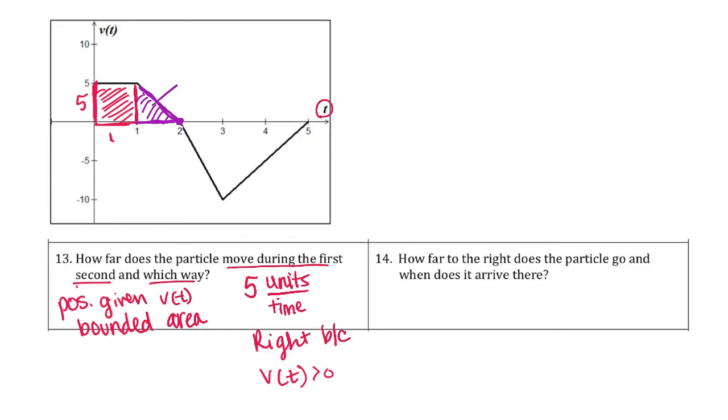So we have 1/2 our base, which is 1, times our height, which is 5. So that area is going to be 5/2, or 2.5. So I know that I've traveled 5 units after 1 second. And then after another second, I've traveled another 2.5 or 5/2. And so my total distance all the way to the right should be 7.5 units. And it asks, when does it arrive there? It arrives there at time equals 2.